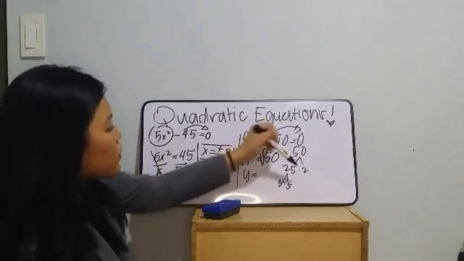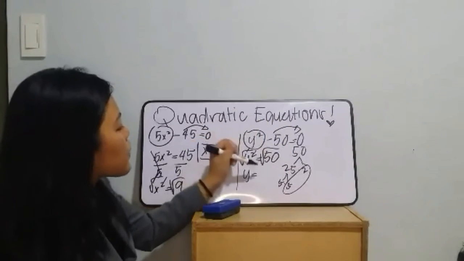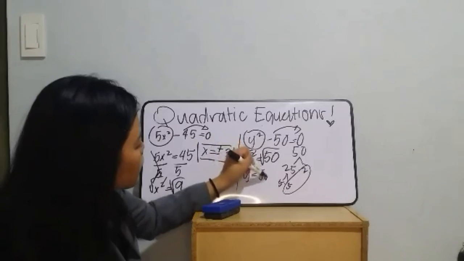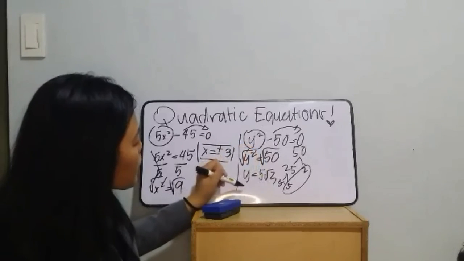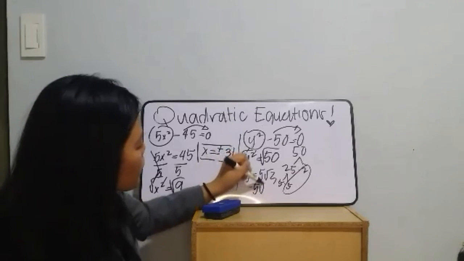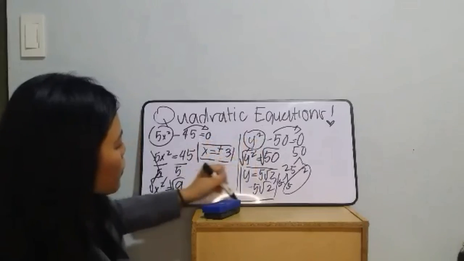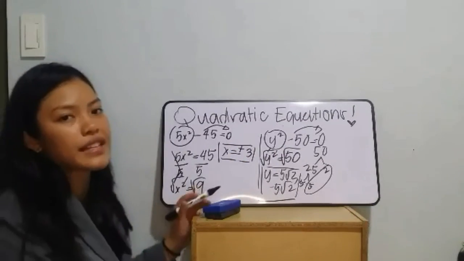So getting this, we have the answer of 5 square root of 2, and negative 5 square root of 2. So this is your answer.